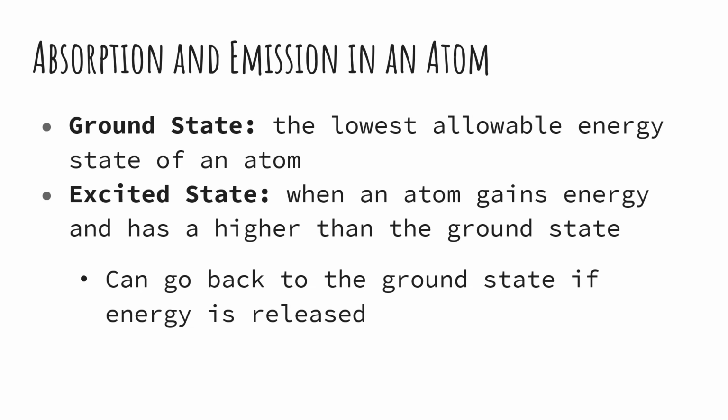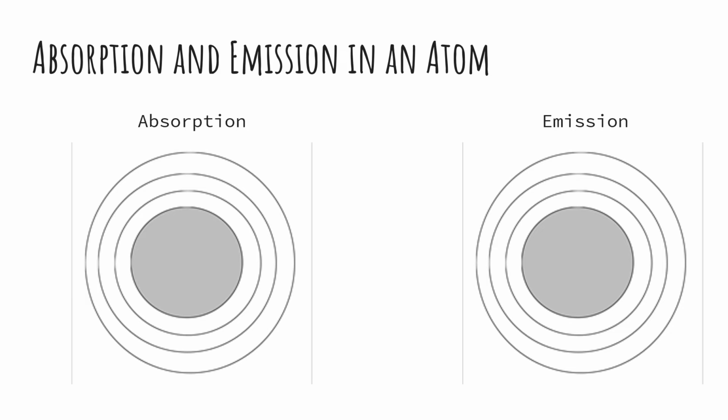Let's look at a diagram of two Bohr models for what happens when an atom goes from a ground state to an excited state. As we know, absorption is when energy is being taken into the atom, and emission is when it is going to emit some type of energy. So let's draw the diagram for an absorption.